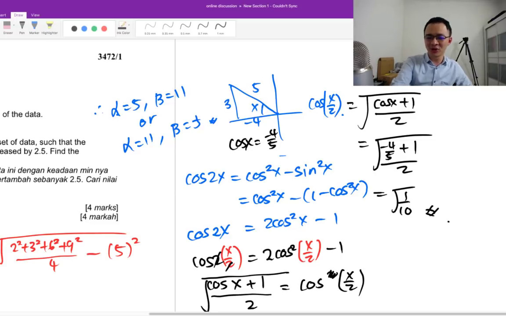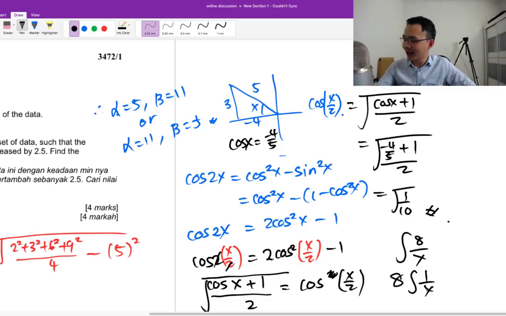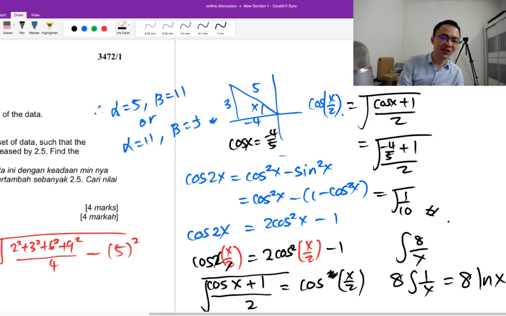I'm not so sure about that one. Let me try to write it out. If I integrate 8 over x, this is x power of -1. I will take out the 8 here and then integrate 1 over x. Then I will actually get 8 ln x. Yeah, this is the answer if you integrate. You get 8 ln x.